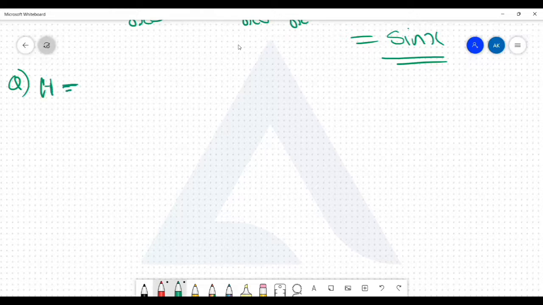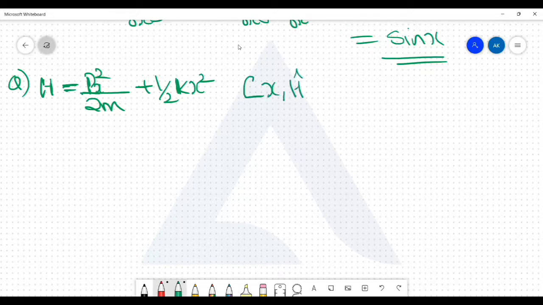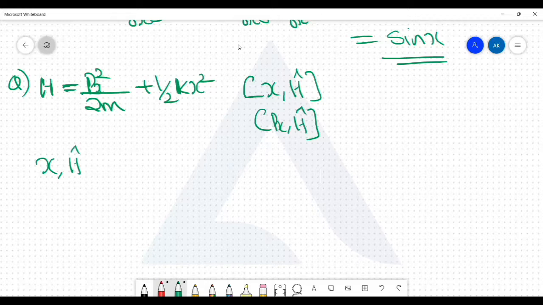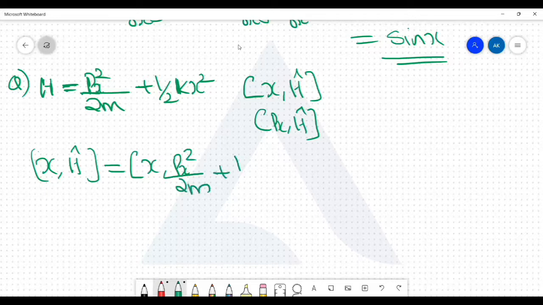Suppose you have the Hamiltonian H equal to px² by 2m plus half kx². You have to find your [x, H] and your [px, H]. [x, H] means [x, px²/2m plus half kx²].